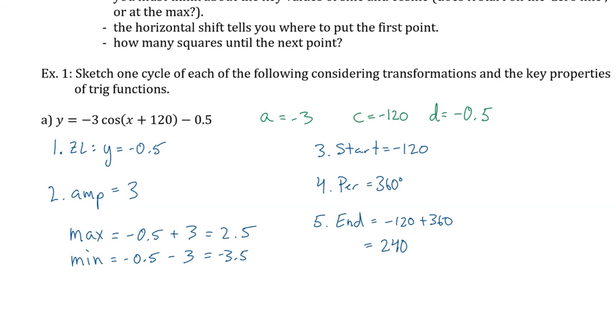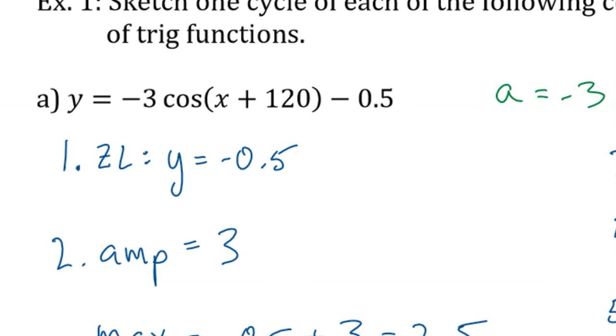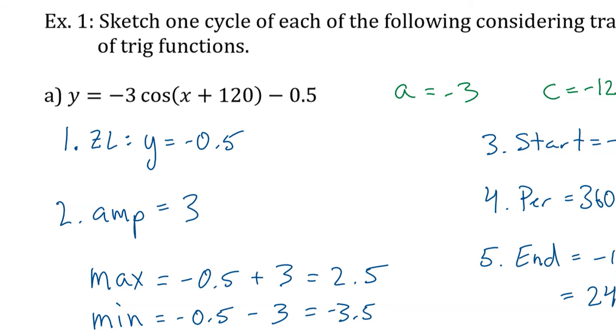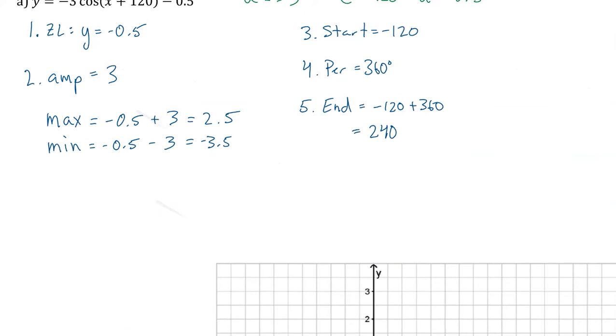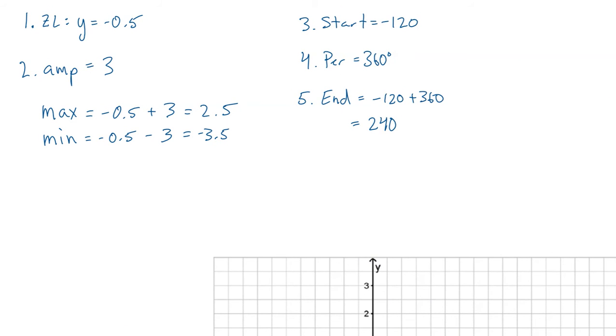If it's flipped with the reflection, then it's going to be the opposite. You're going to start at a min, zero line, max, zero line, min. And again, that's just something you need to know. Okay? We're not figuring that out along the way. That's part of our knowledge that we have now. So when I say the graphing part is easy, it's easy if you know that fact. And now I know I'm cosine. I'm starting at the min. Well, I know what the min is.